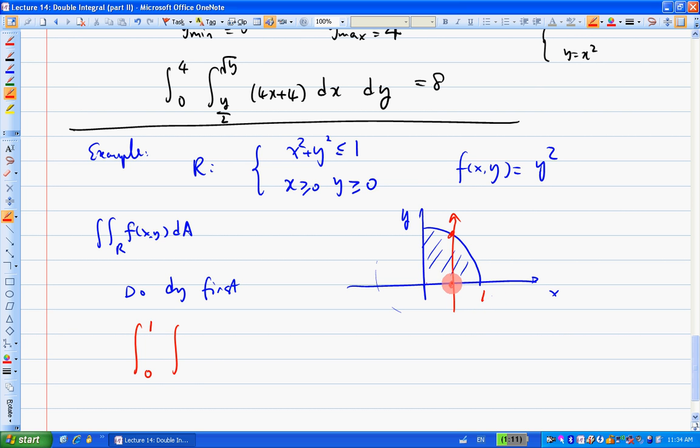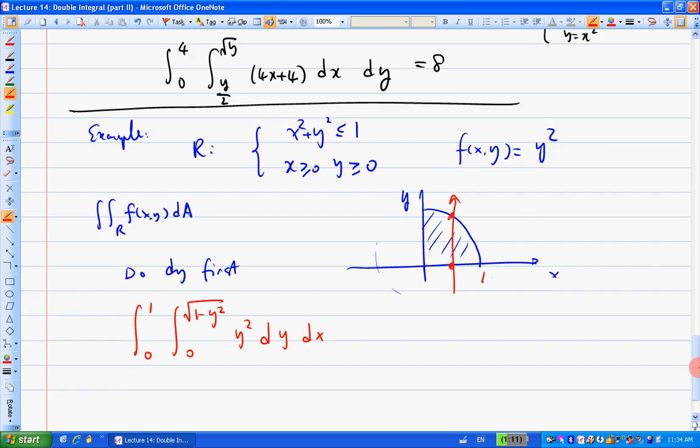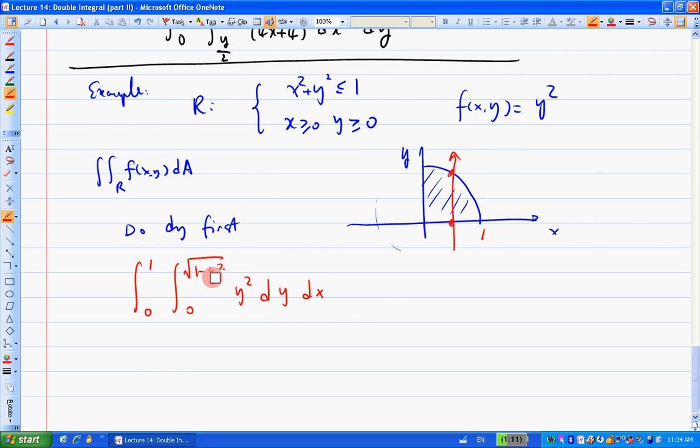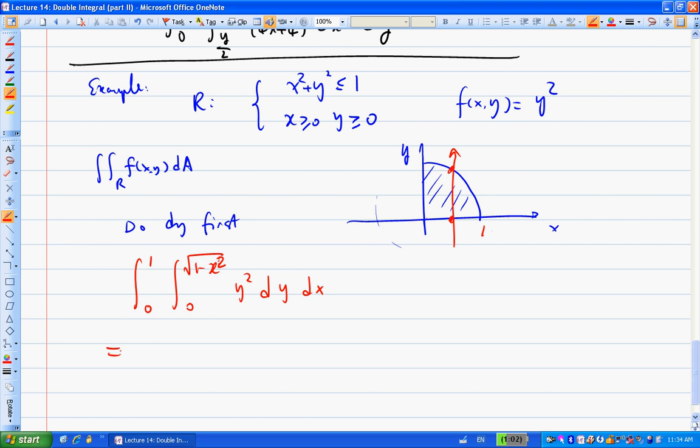And y min is 0, and y max is the top point, which is defined by the circle, root of 1 minus x squared. Just like the example we went over. And we're integrating y squared, with dy and dx like this. Nothing different from the previous example.